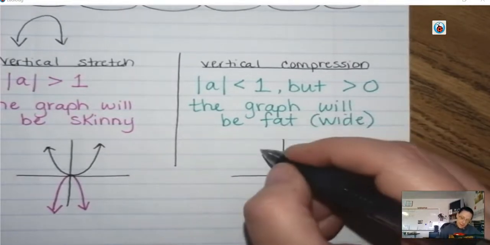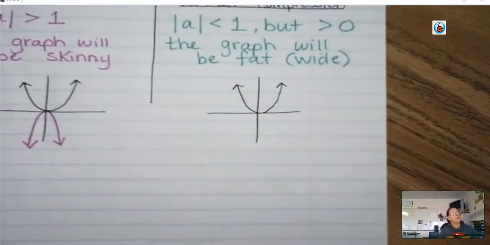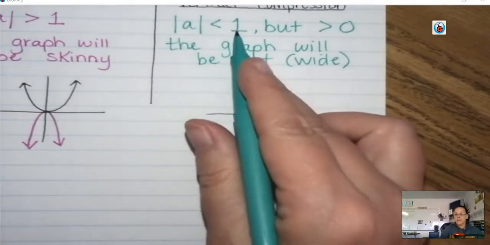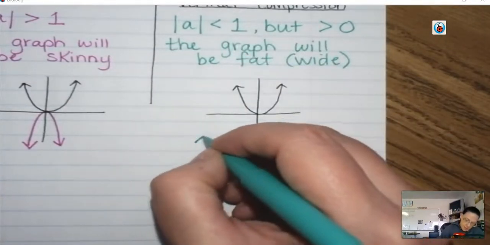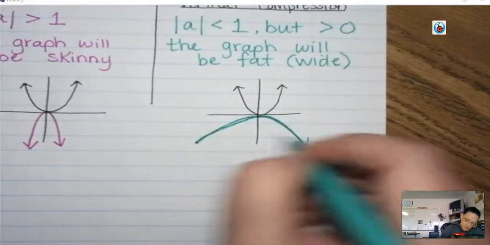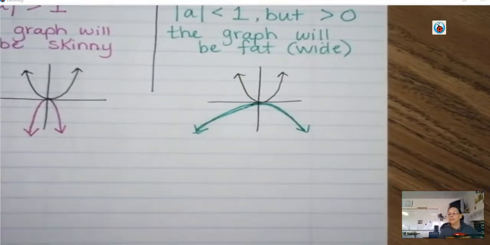So same thing, a regular quadratic looks like that. If I have a negative, it's going to go downwards, and then if it's a fraction that's smaller than 1, it's just going to be, oops, that doesn't look good. It'll face downwards, and it'll be fatter.